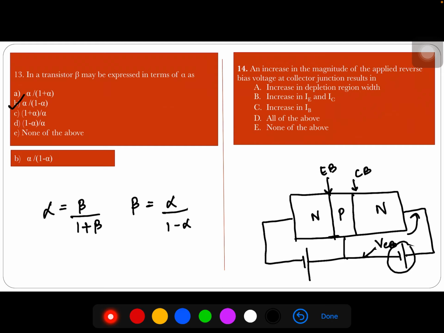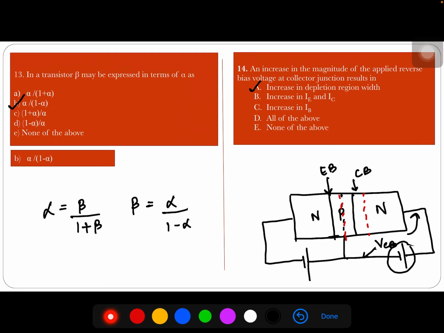And with the increase in the reverse voltage, the depletion layer always increases. So in this particular junction, the depletion layer will increase. So it will result in the increase in depletion region width. That is correct. Let us read down the other options also. Increase in IC and IE.